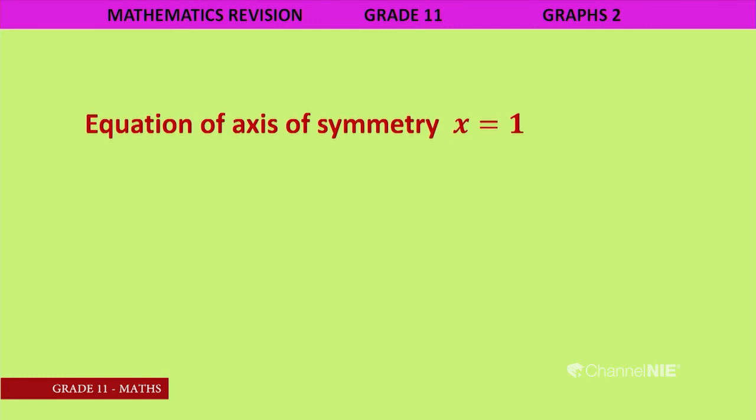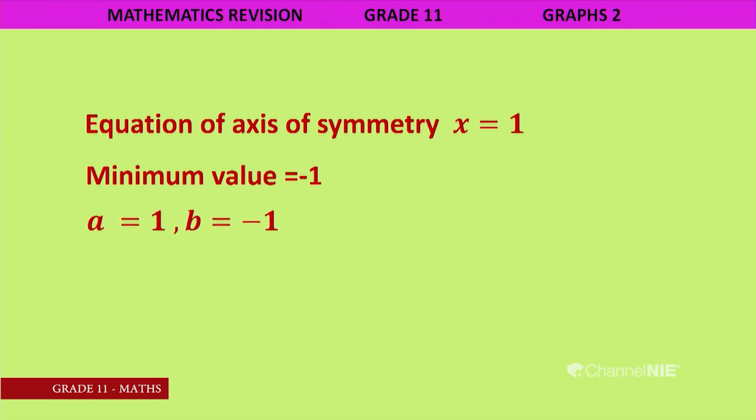Equation of axis of symmetry, minimum value. a equals 1, b equals minus 1. Then you can write the given equation as y equals x minus 1 squared, after changing the sign, minus 1. The minimum value does not change.